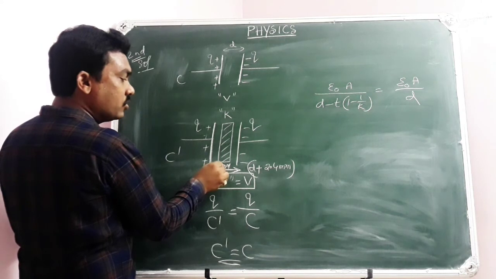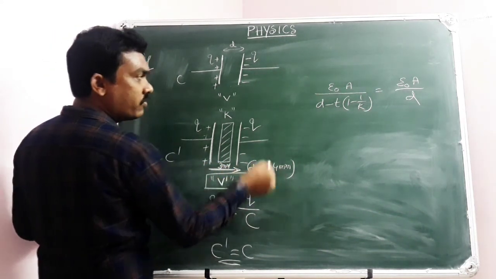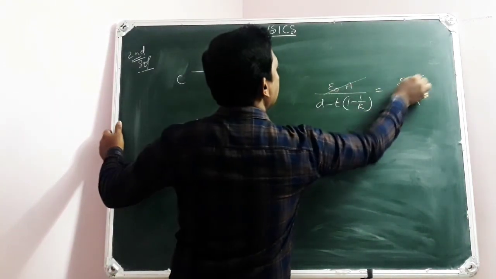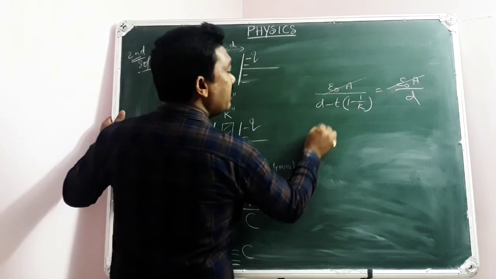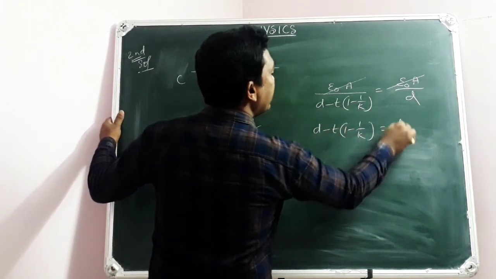With the dielectric material whose thickness is given as 3 millimeter, the distance between the plates is D plus 2.4 millimeter. Then epsilon naught into A gets cancelled. So D minus T of 1 minus 1 by K equal to D itself.